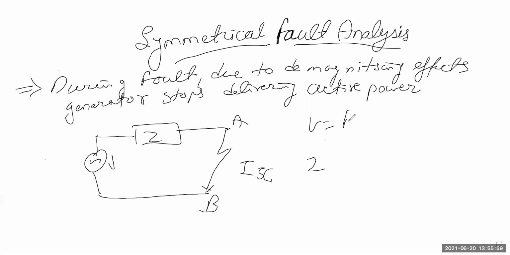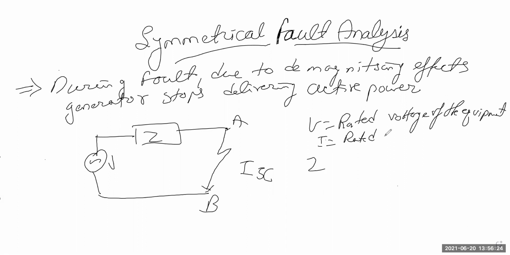V would be the rated voltage of the equipment, and I would be the rated current of the equipment.